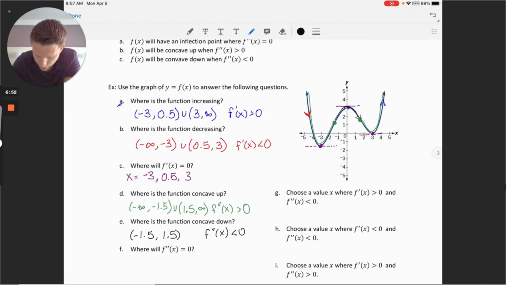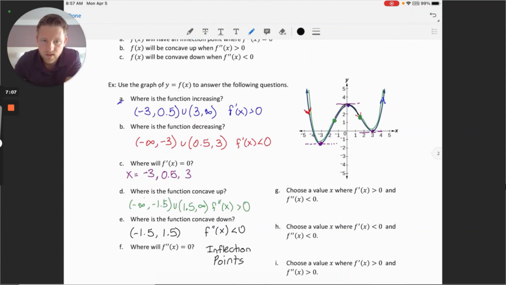Finally, we can take a look at, again, these inflection points where my f double prime is equal to 0. And we identified these approximately to be at the points at x equals negative 1.5 and 1.5.